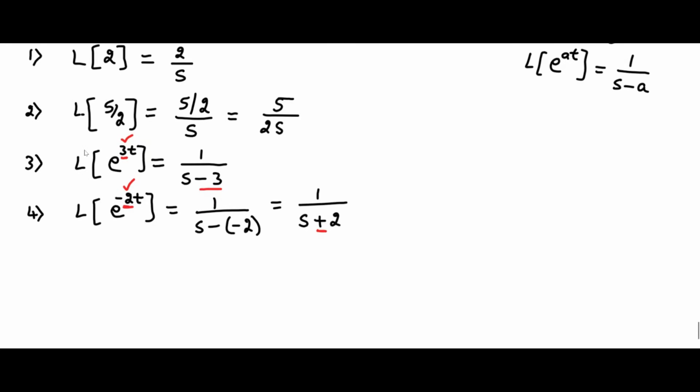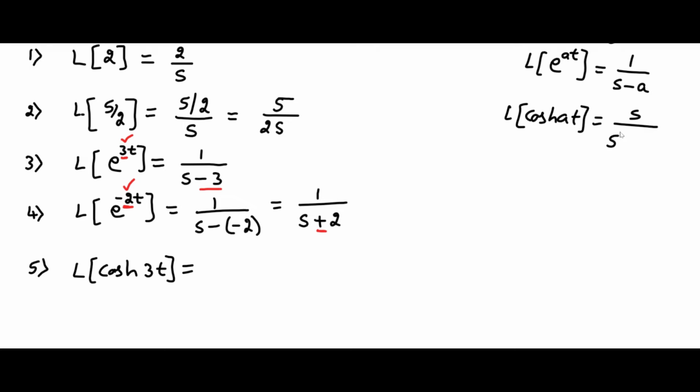So let us take the next example. Laplace transform of cos h 3t. The formula for cos h at is nothing but s by s square minus a square.